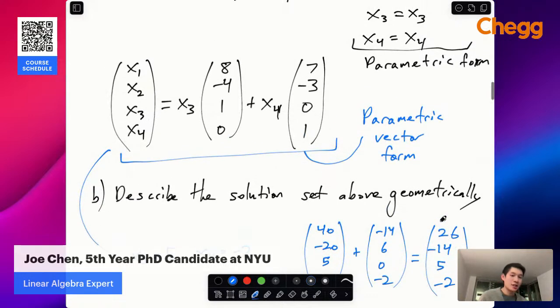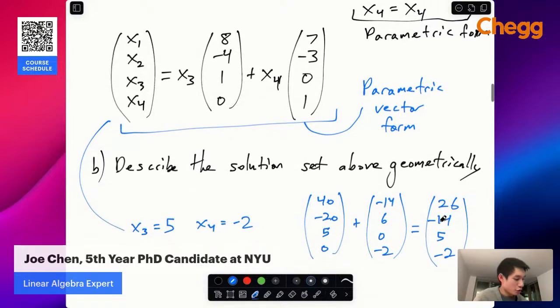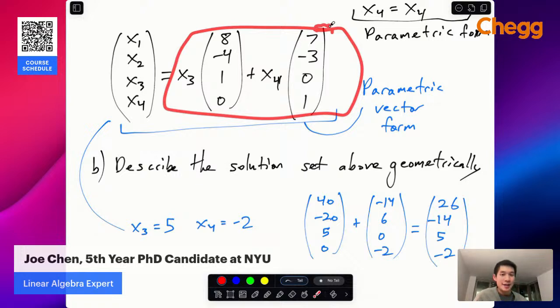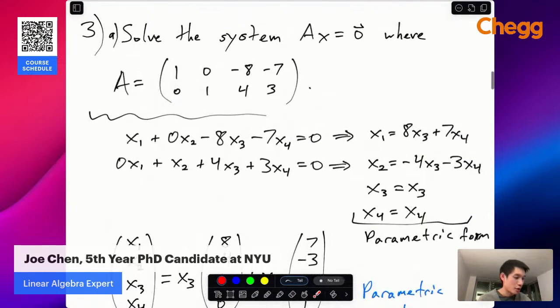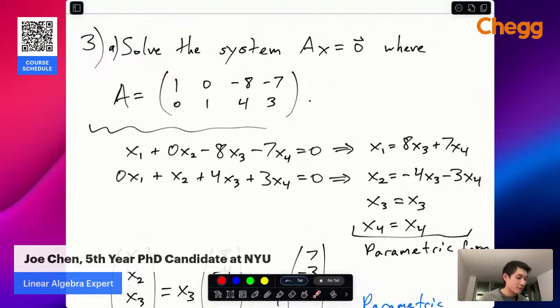So anyways, just as a side comment, the way that I can interpret this form of the solution is that I have these two so-called parameters, and I can plug in any number I want in the place of these two parameters. Whatever I plug in, I'll get an answer. And this will be one vector which solves the original equation, Ax equals 0 for this matrix.